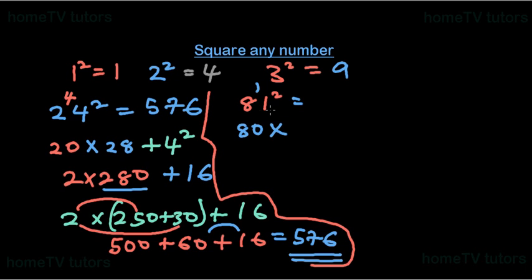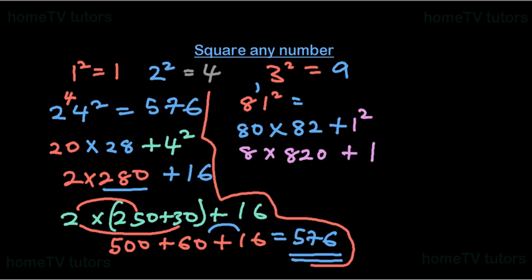So we add that 1 to 81, which gives us 82. Then we add the square of the difference, which is 1 square. Okay, so 80 times 82, if we move the 0 to 82, we have 8 times 820, plus 1. The square of 1 is 1.